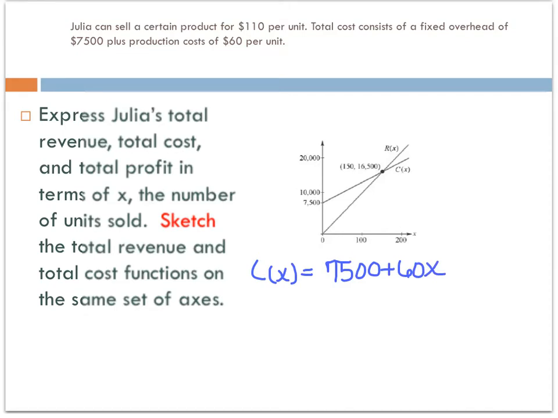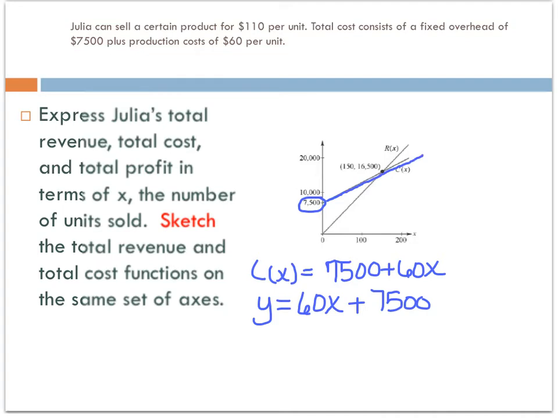So essentially, if we want to think of that in y equals mx plus b form, let's look at it like that. That's telling you that your slope is 60 and your y-intercept is 7,500. So look at your graph. Here's your y-intercept right here at 7,500. So you're moving a slope of 60 over 1 for your cost function. And that's this line right here.